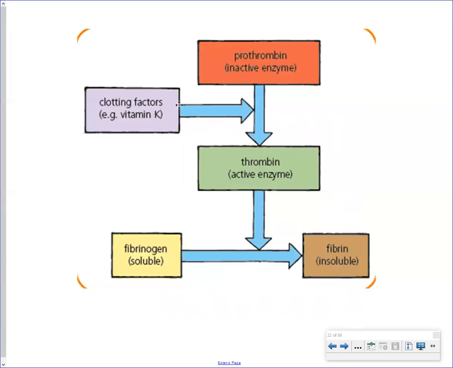The clotting factors convert an inactive enzyme, prothrombin, into an active enzyme called thrombin. And then the thrombin converts fibrinogen into fibrin. And fibrin are those fibers that make up the thrombus or the clot. I told you you'd need to rewind this.